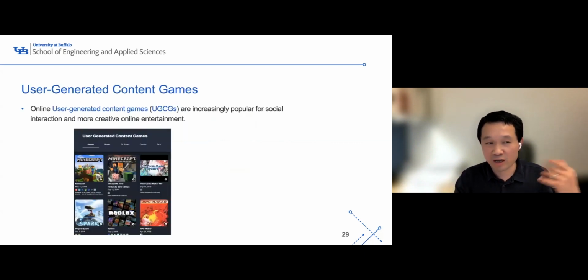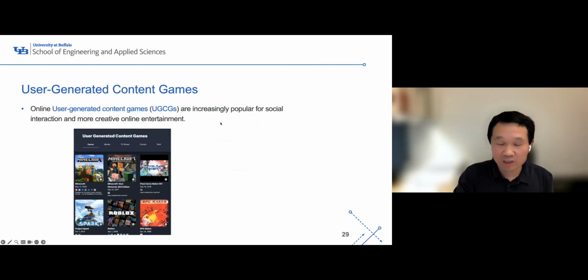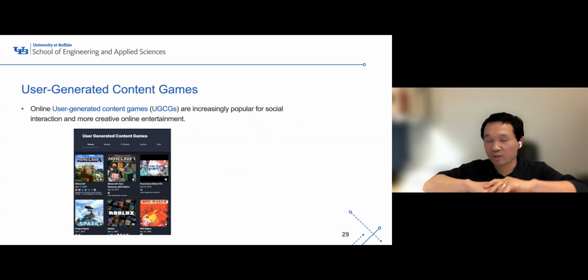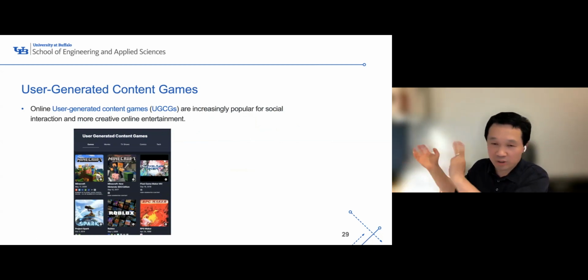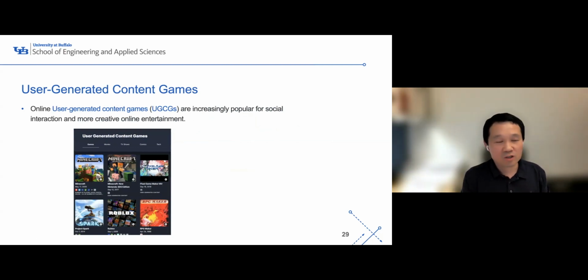Recently, especially with Roblox, many kids play games in Roblox. But those games are what we call user-generated content games, because most games are developed by users, not by the companies. Once those users develop games, they want to promote those games.